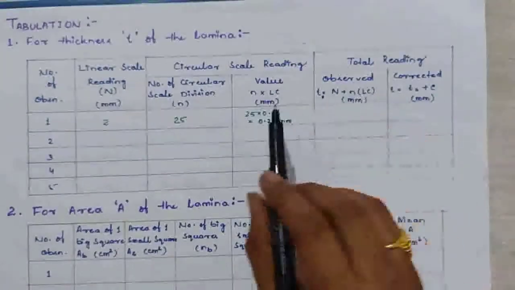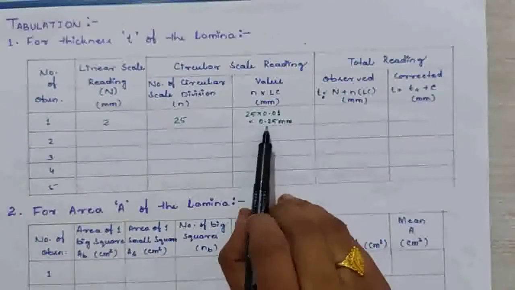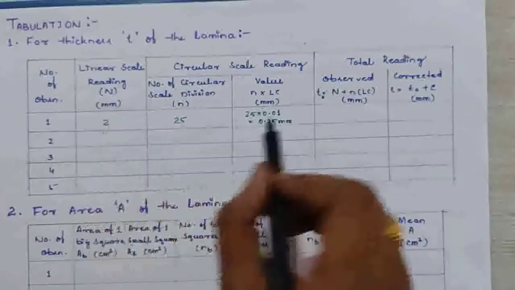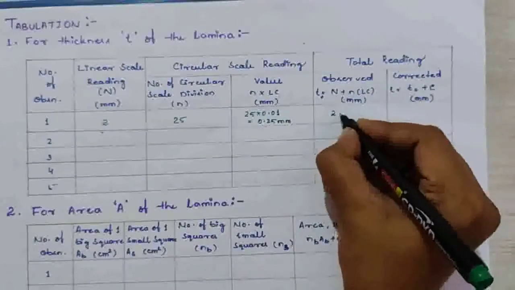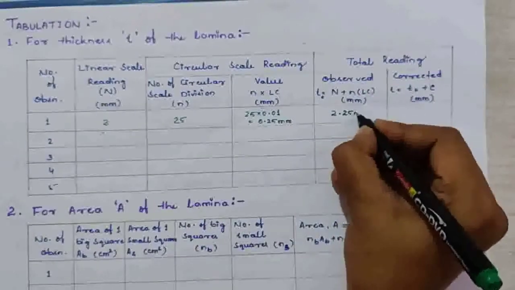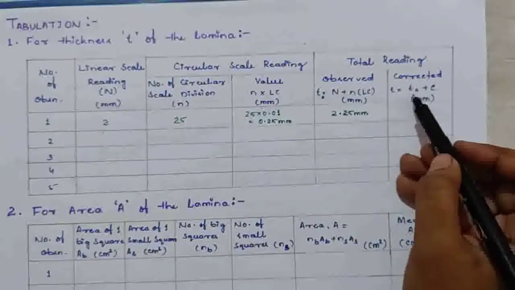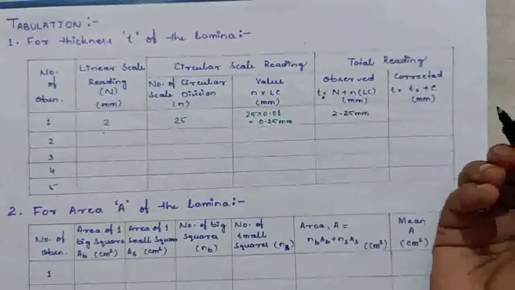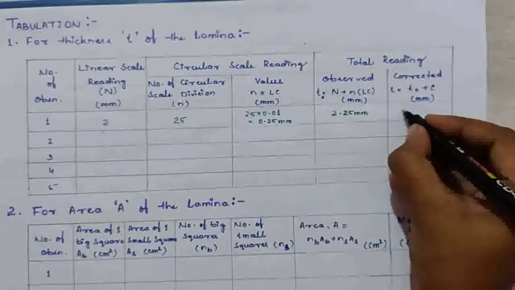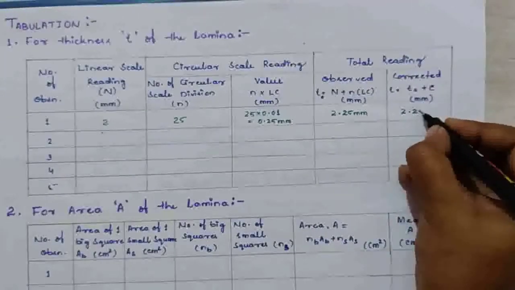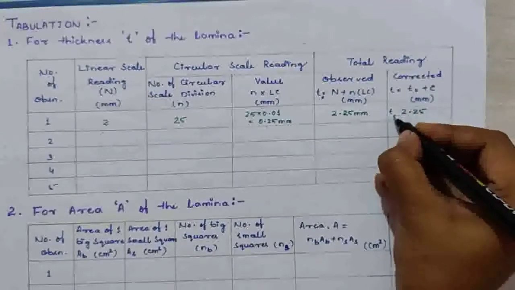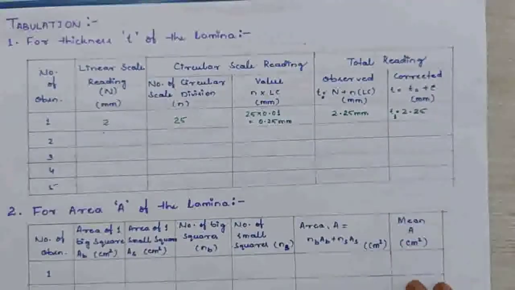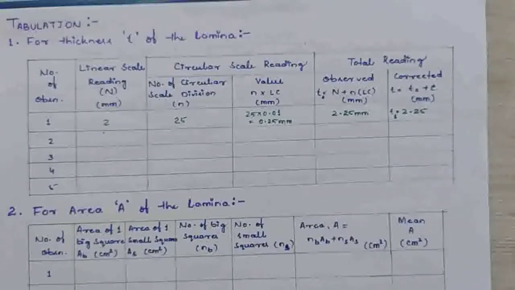Now, observed thickness: we have to add this circular scale reading with the linear scale reading, that will be 2.25 millimeter. And then corrected thickness: this is to be added with the zero correction, which is also equal to 0. So this will be the same value, that is 2.25. Let it be equal to T1. Okay, clear? Now let's go for the second observation.